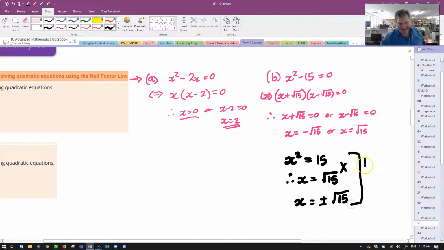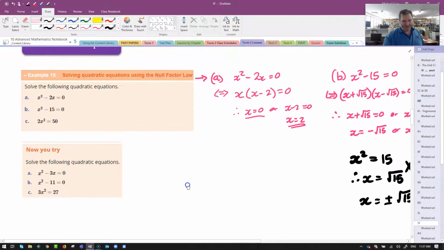This is a dangerous method. Don't fall for that. Stick with using your favourite rule in maths, the difference of two squares. Factorise and solve if you can. It's going to make your life easier.